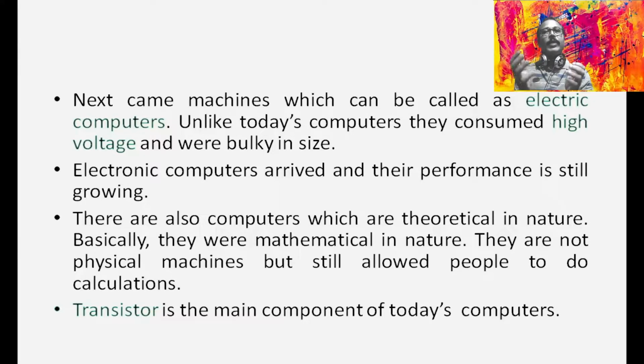A theoretical computer can be used to do some calculations. Technically, the theoretical computer in computer science is called a Turing machine. It started with the Turing machine, and though it is a theoretical computer, it's still very, very powerful. The premier institutes, IISc Bangalore and IIT Kanpur, are known for theoretical computer science.